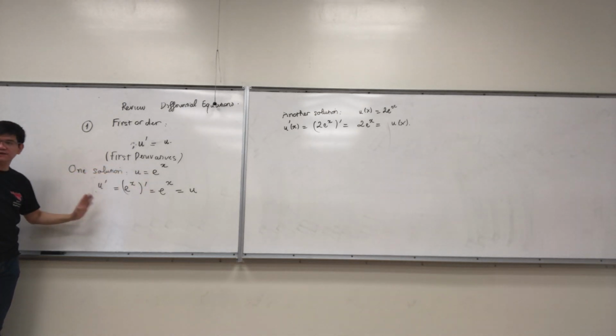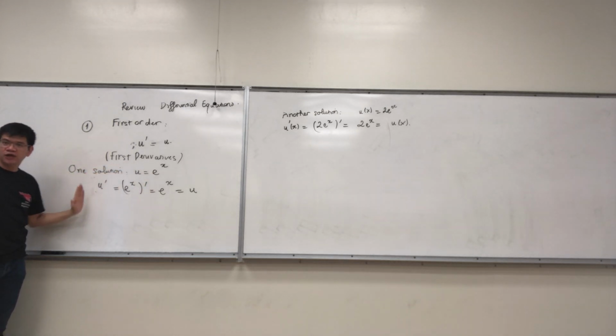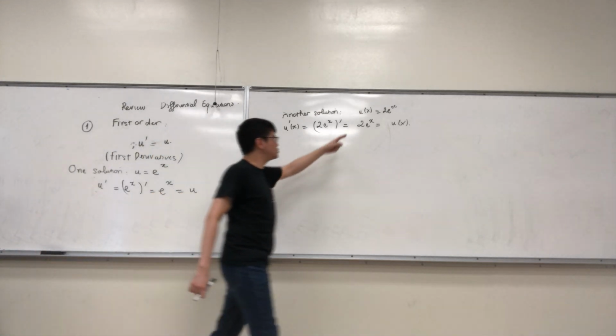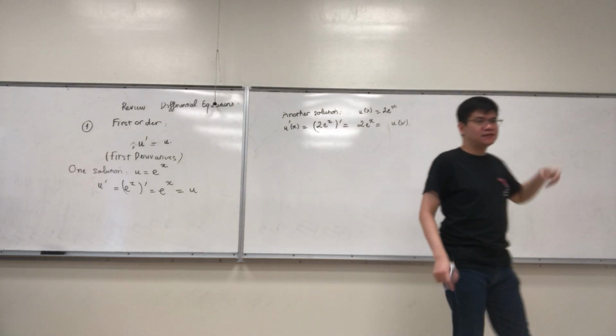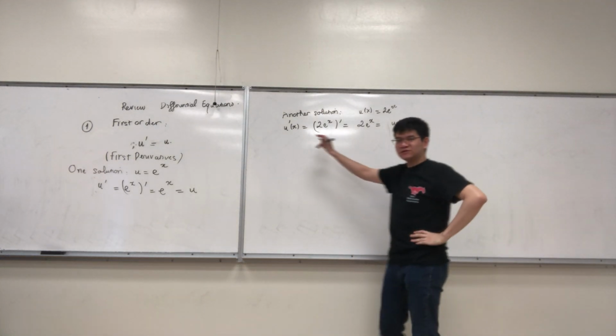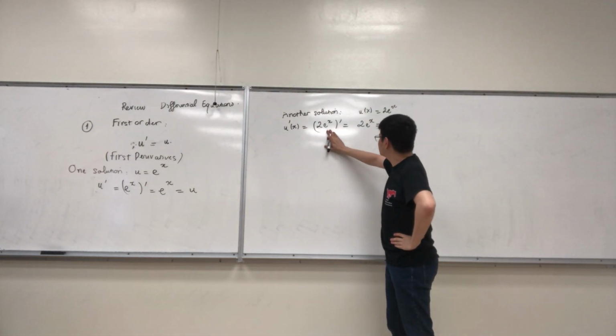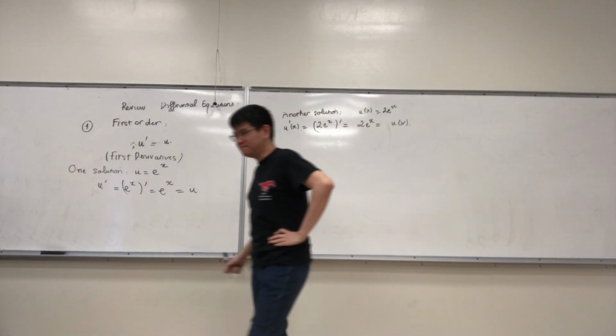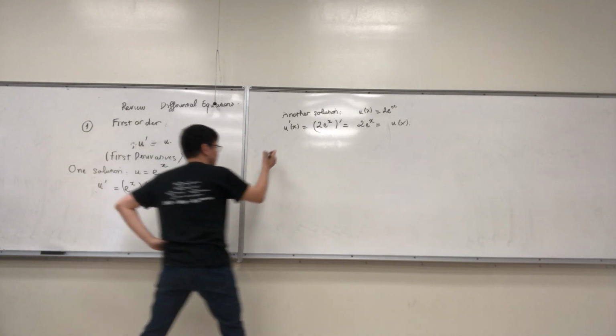This is a solution because when you take the derivative of u, you get e to the x, and this is exactly u. All right? Another solution is 2 exponential of x. This is a solution because when you take the derivative, you get 2 exponential of x prime, and this gives you u of x. All right?